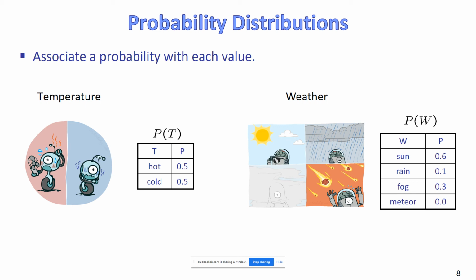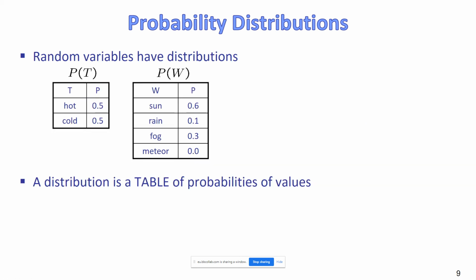But the idea here is that we have all possible values for the weather, and for each one we have a probability. So here is 0.6 for sun, 0.1 for rain, and so on. So this is called a probability distribution, and the distribution is a table, as you saw, of probabilities of values.